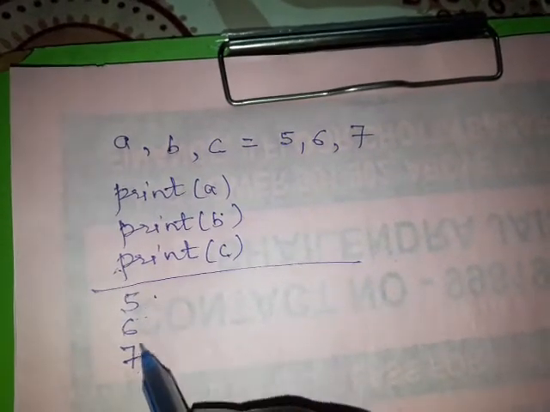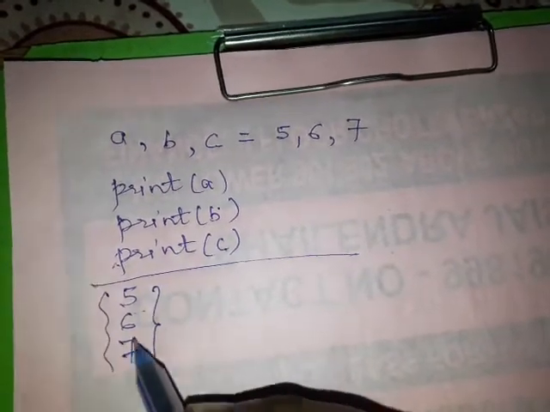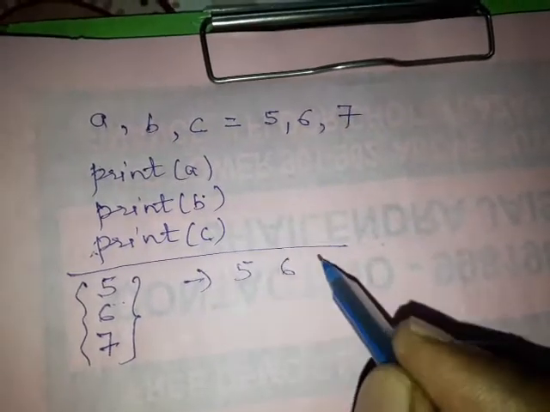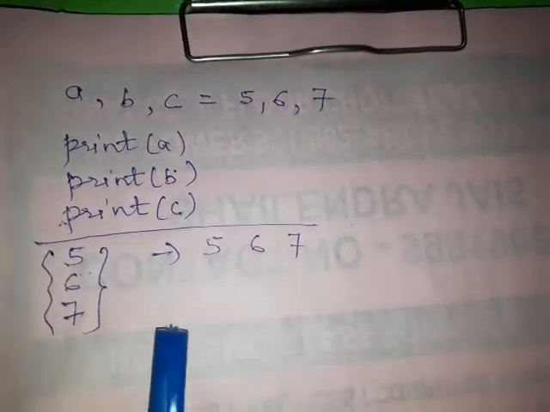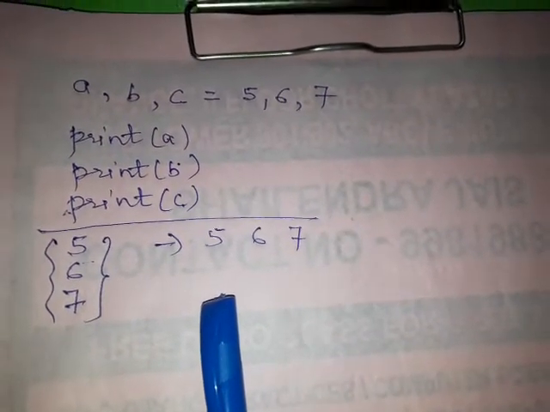Now if you don't want to make all this output in a new line, you want something like this, 5 6 7, all in a single line, what will you do?